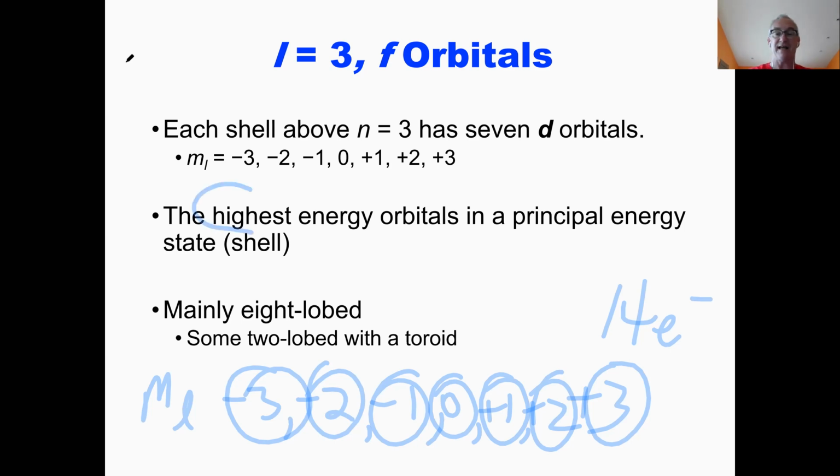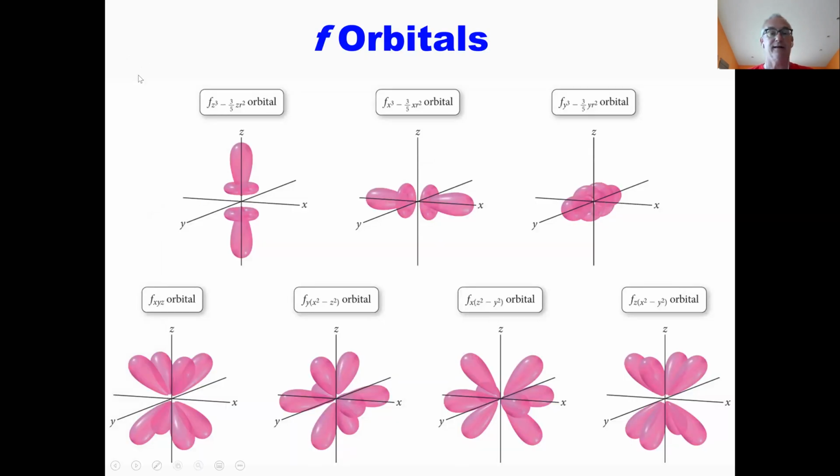This is the highest energy subshell of them all. f is the highest. Once you fill up f, you go to a new energy level. You go to a new shell once f is all filled up. And so these have some crazy shapes. Let's have a look at some of these. I just like looking at these because they're kind of crazy.